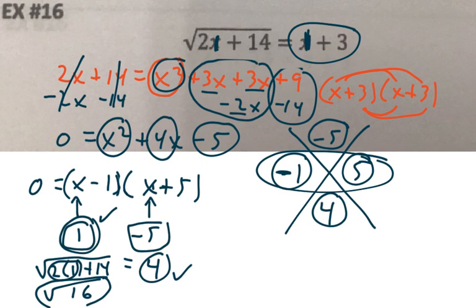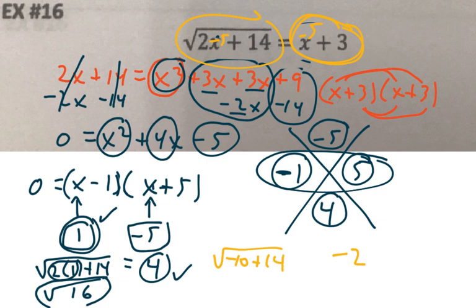But what about negative 5? Starting over up here, if I was to plug in negative 5, notice right here, guys, negative 5 plus 3 is negative 2. So here, I have the square root of basically negative 10 plus 14. 2 times negative 5 is negative 10. 14 minus 10 is 4.